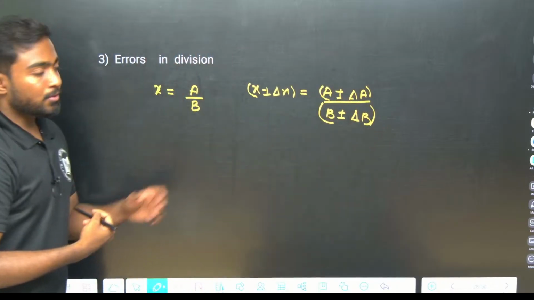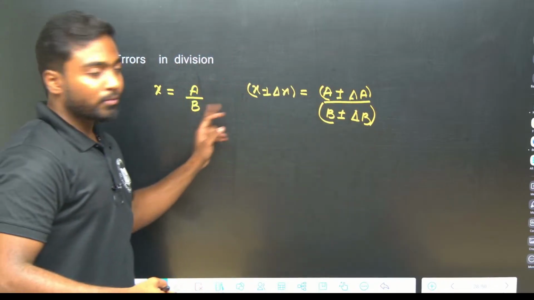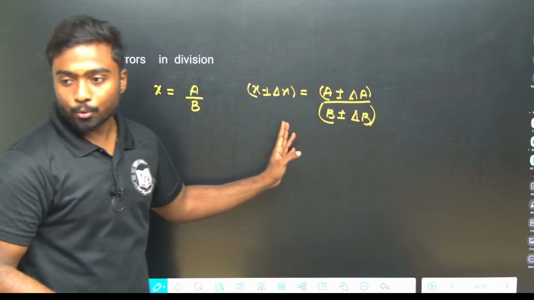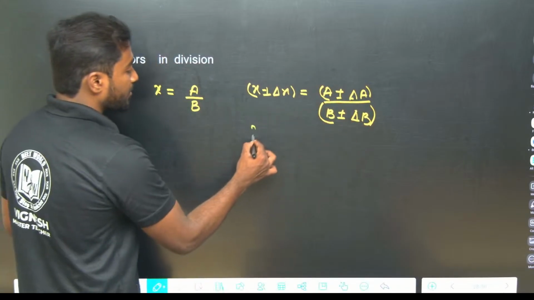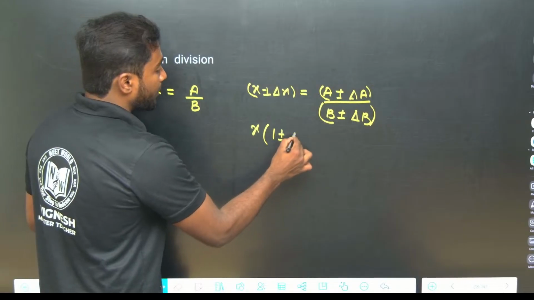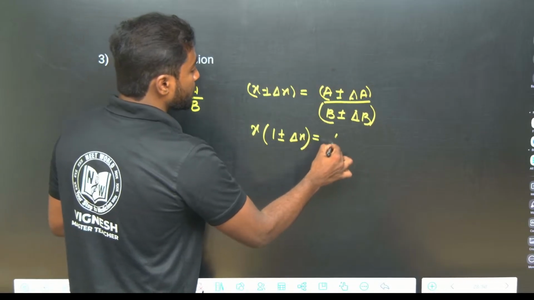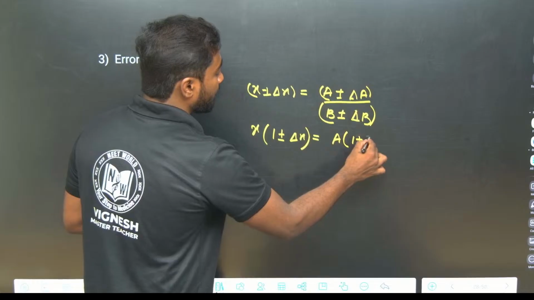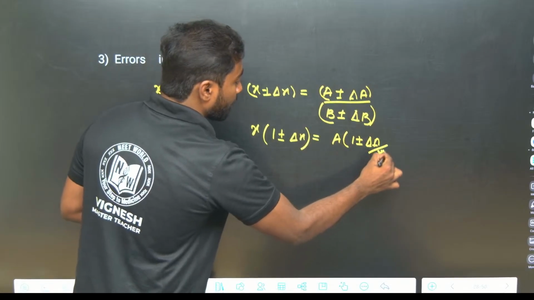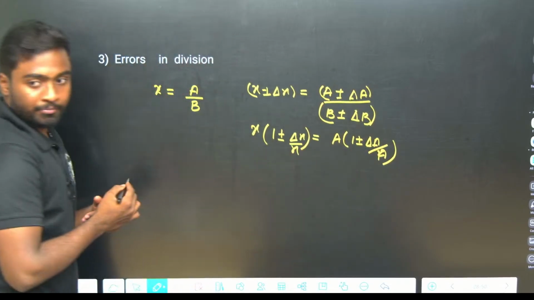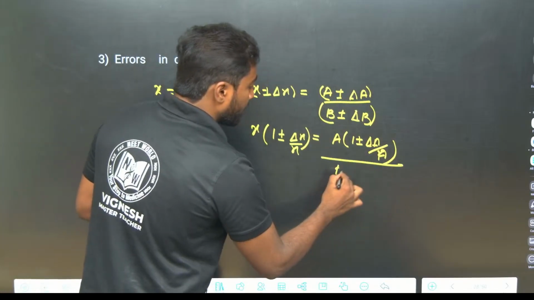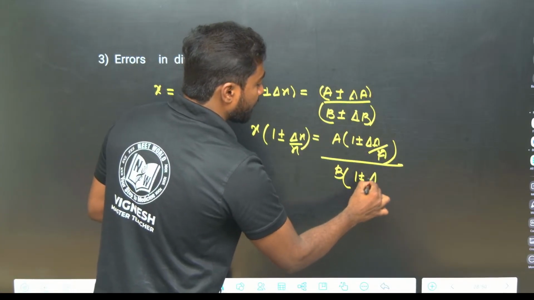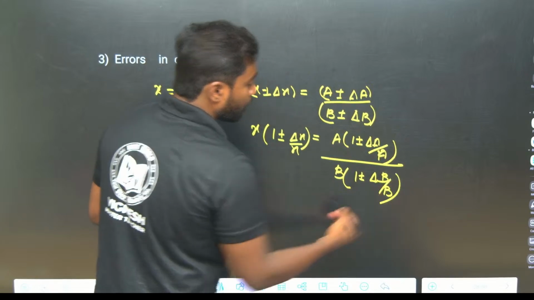From this I can take x commonly outside, A commonly outside, B commonly outside. What will happen in the next case? x into 1 plus or minus delta x by x should be equal to A into 1 plus or minus delta A by A, divided by B into 1 plus or minus delta B by B, fine.